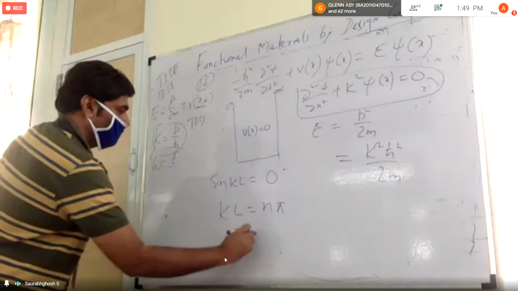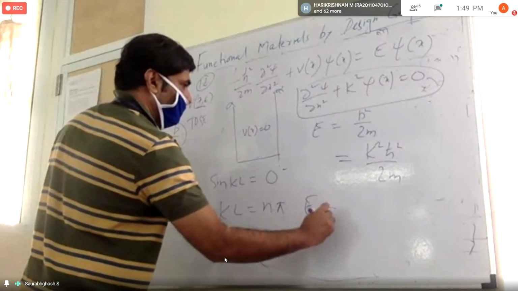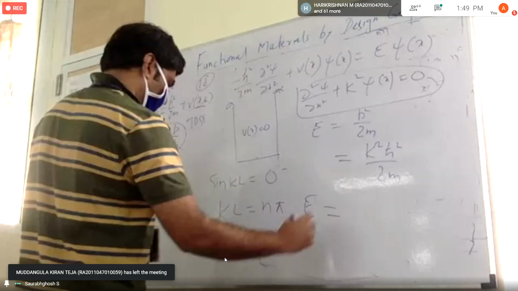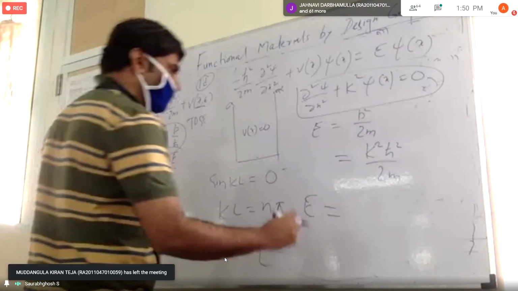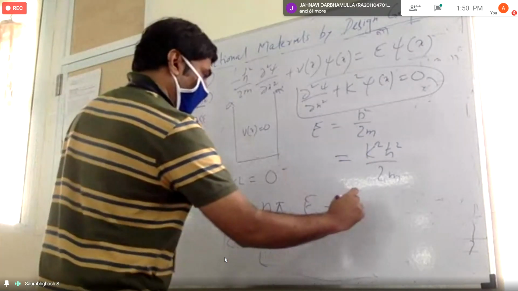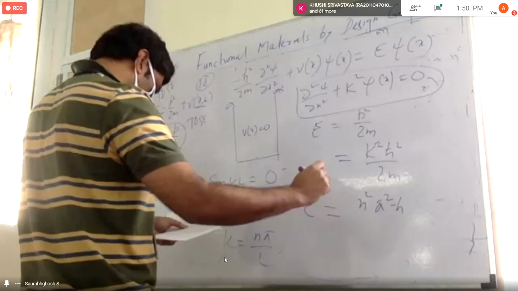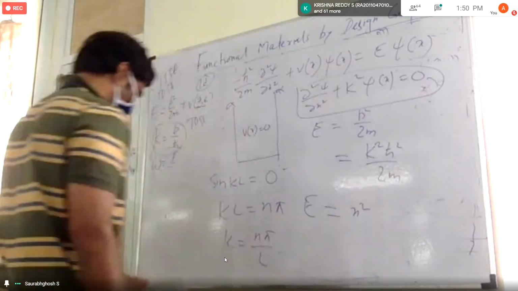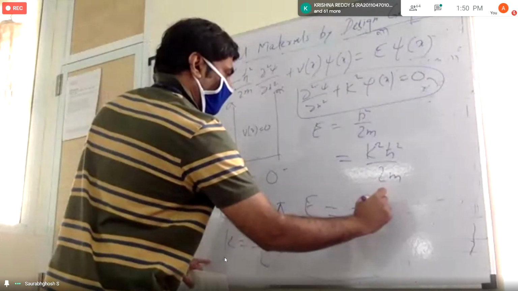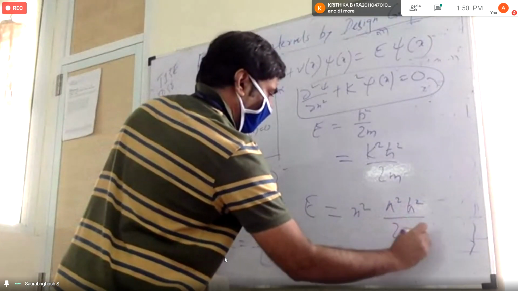Now here k equals n pi by L. So E equals n square pi square h cut square by 2mL square.